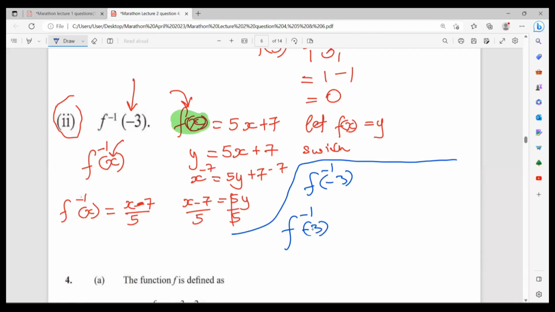All you're going to do is put -3 where the x is in that function and work. The answer is -2. Good going, Stone.